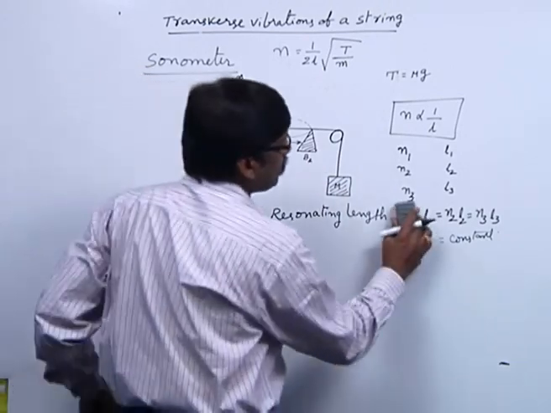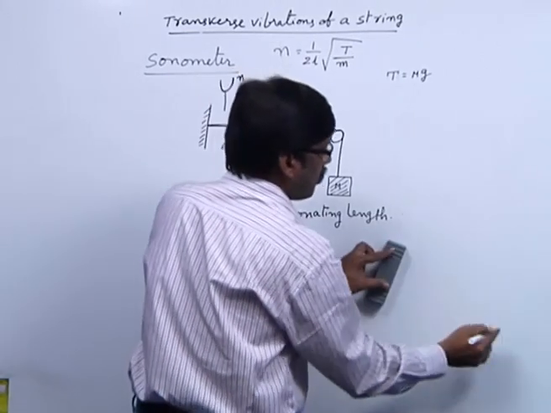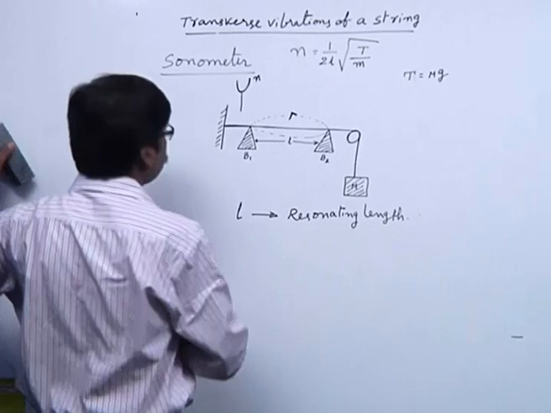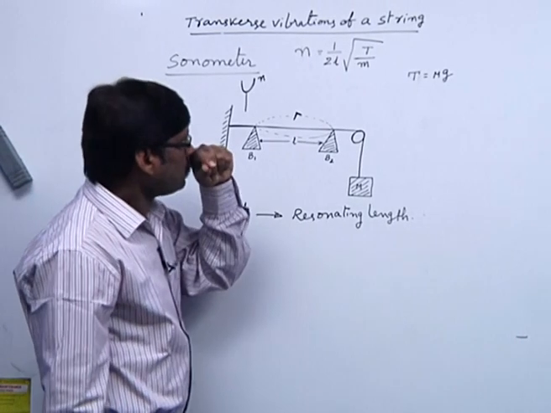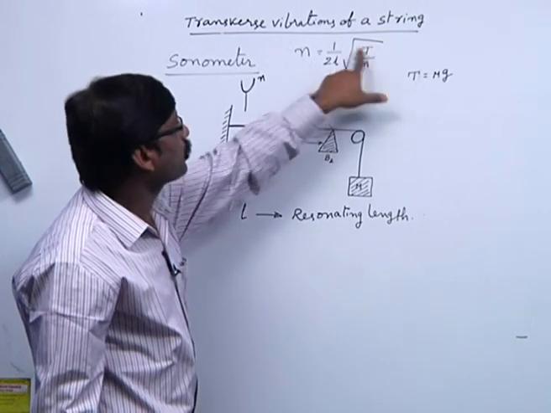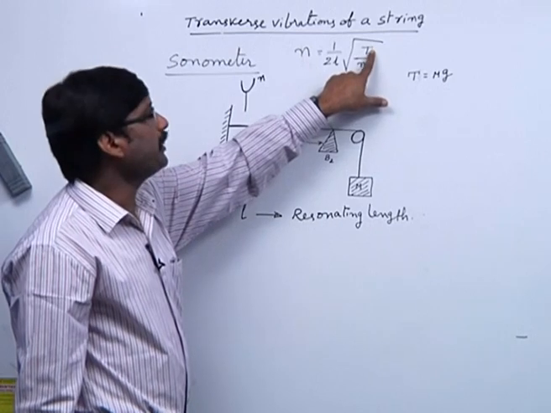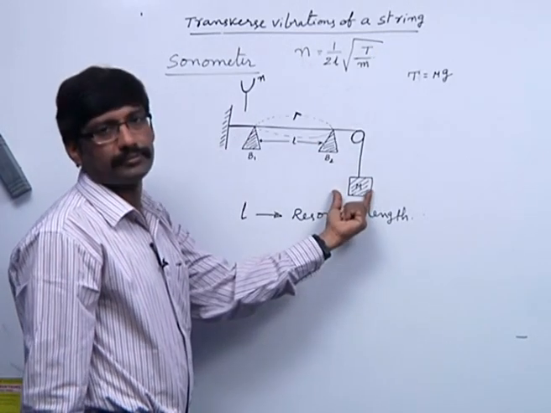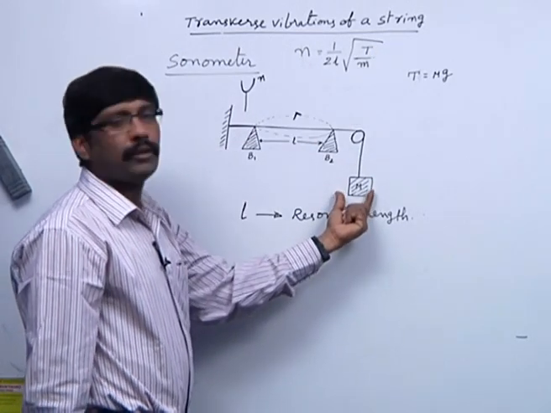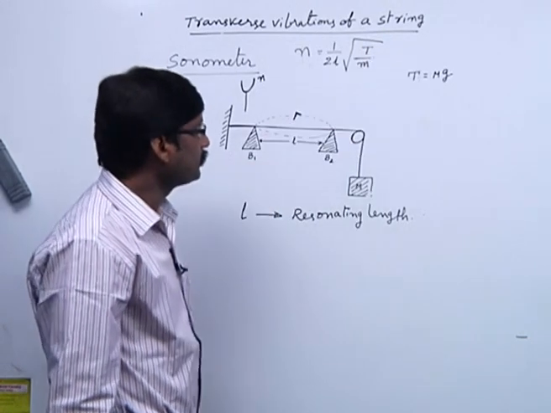The second part is I want to study the variation of frequency with tension. How do you vary the tension? By varying the weight. You can add 1 kg weight, 2 kg weight, 3 kg weight, like this. I can vary the tension.